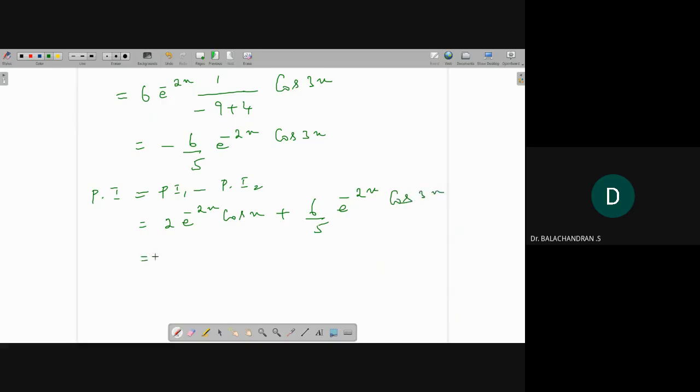You can take 2 by 5 e power minus 2x common. What is remaining? 5 cos x plus 3 cos 3x. This is actually pi. Now y is equal to cf plus pi.